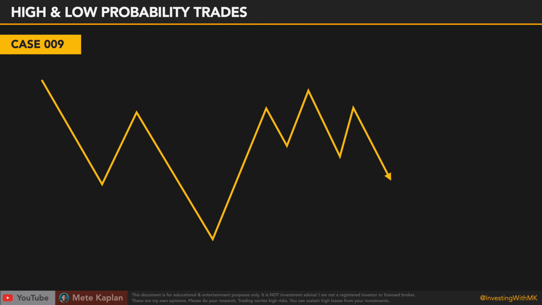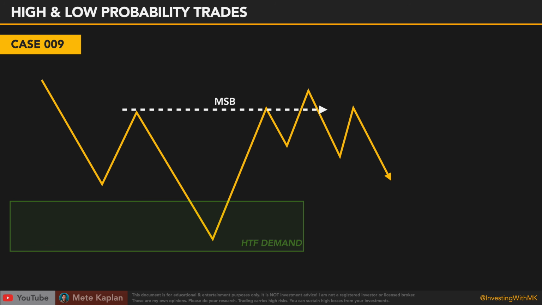Sometimes you'll find yourself in a dilemma, a complex situation. Price gets a strong reaction from a high time frame demand or an imbalance or any other significant price structure, and then creates a market structure break. But right after that, it creates another smaller market structure break, however this time a bearish one.